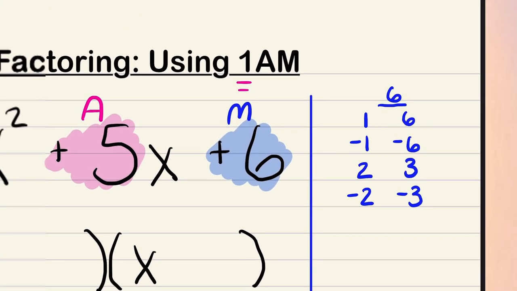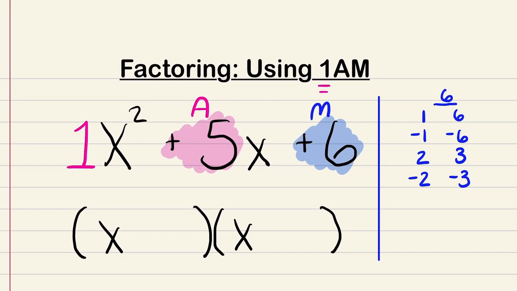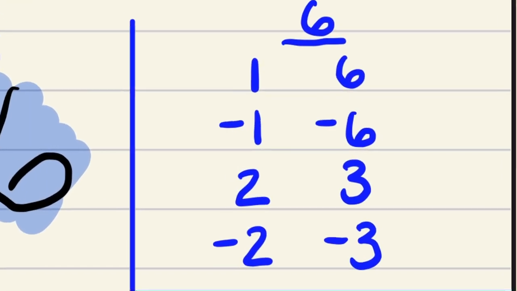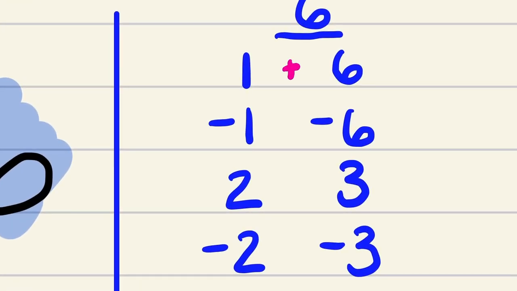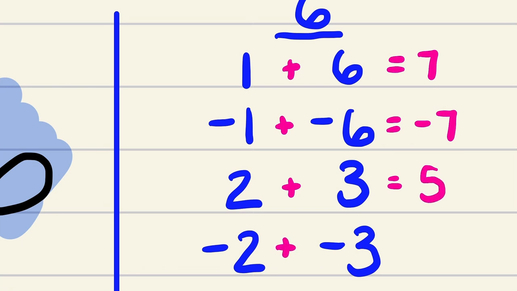In order to figure out which of these sets of factors is going to go into our multiples down here, we're going to see which ones add to positive 5. So let's take a look. 1 plus 6 is 7. Negative 1 plus negative 6 is negative 7. 2 plus 3 is 5. And negative 2 plus negative 3 is negative 5.